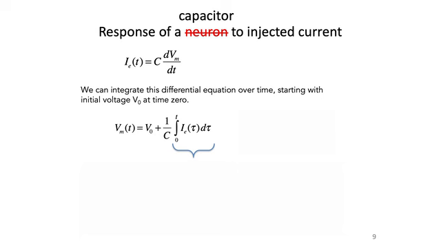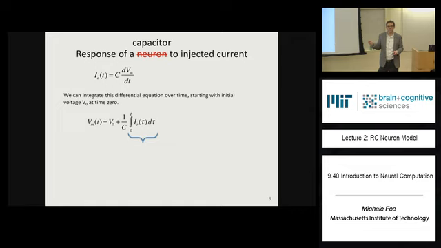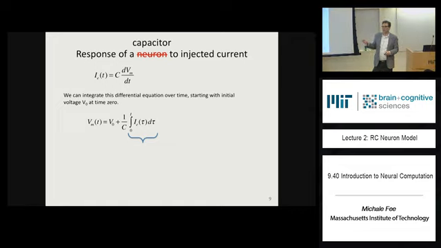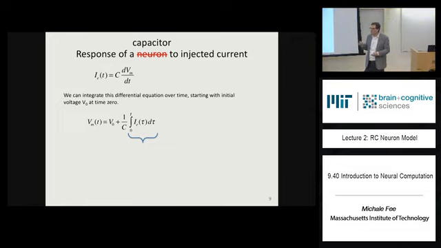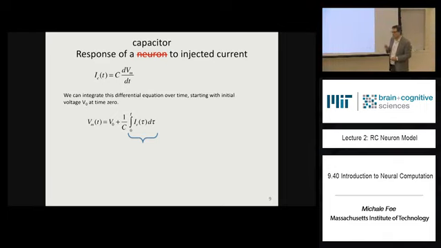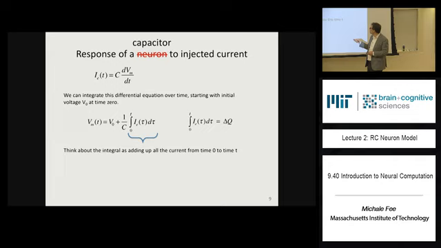Now, what is this? What is the integral of current over time? Good. It's the amount of charge you injected between time 0 and time t, right? If I tell you that I injected an amount of charge delta Q, how much did I change the voltage?